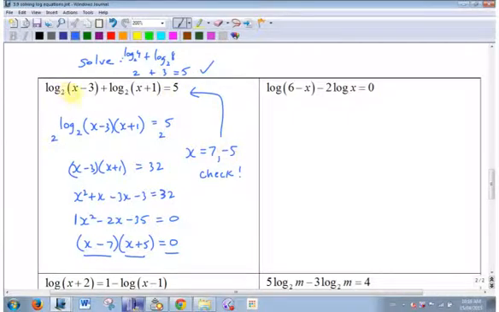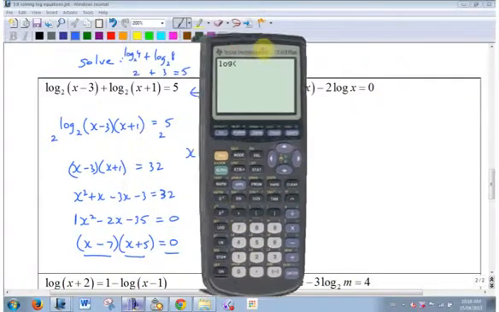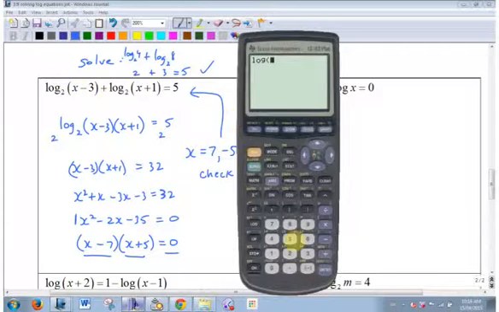Negative 5. If I put that in there, let's ignore the log base 2 for a sec. What is a log of, if that's negative 5, negative 8? Can't do it. You can't take the log of any negative.